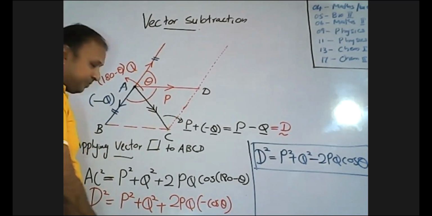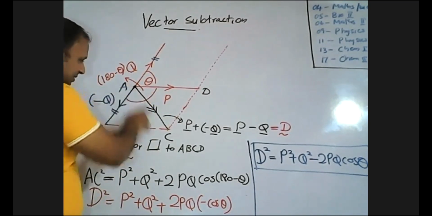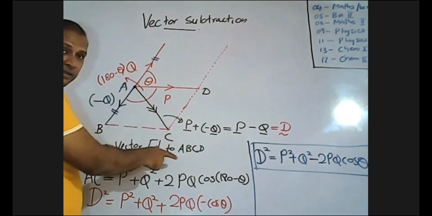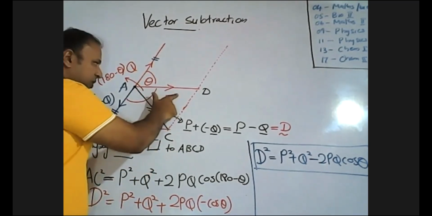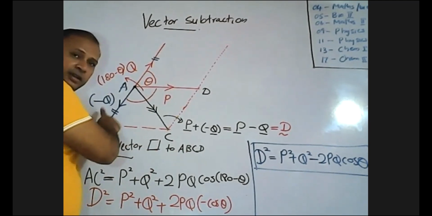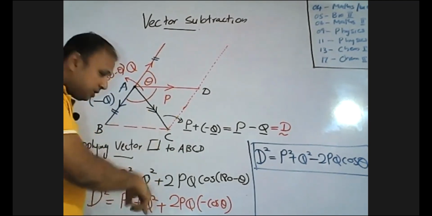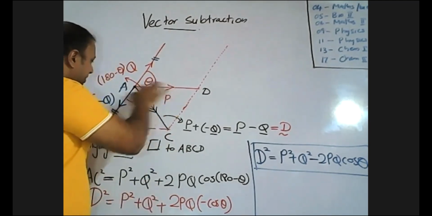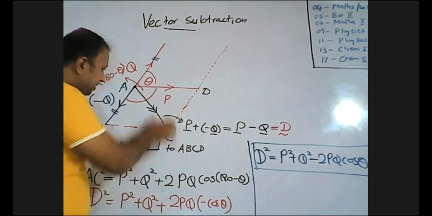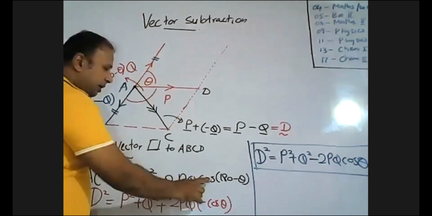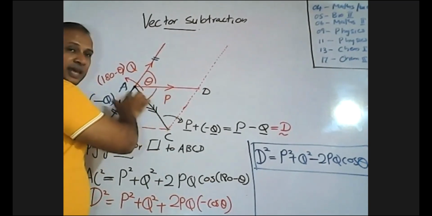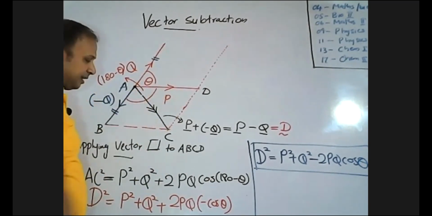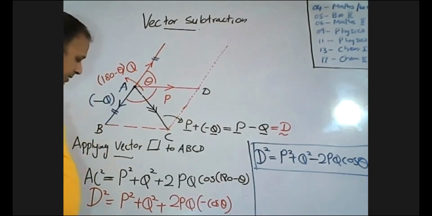Once I complete the vector parallelogram, then I can apply the equation. What is the equation? AC squared, the square of the resultant, is equal to the square of this one, plus the square of this one, plus 2 times this length and this length into the cos value of this angle. That means cos of 180 minus theta.